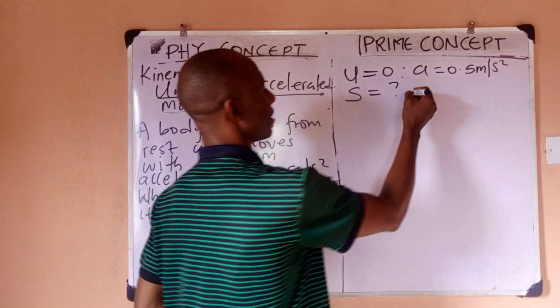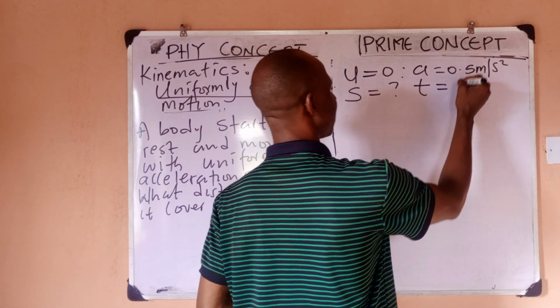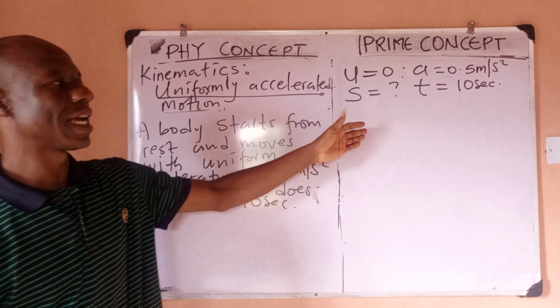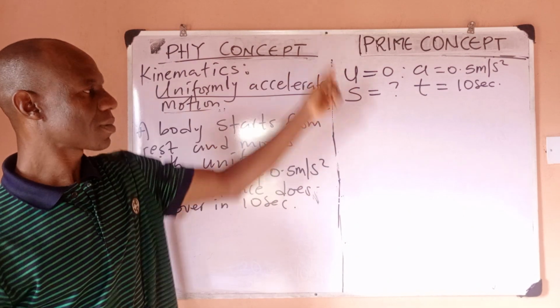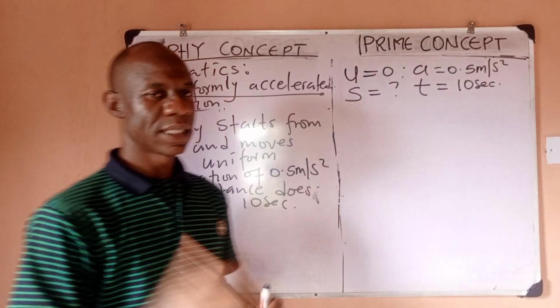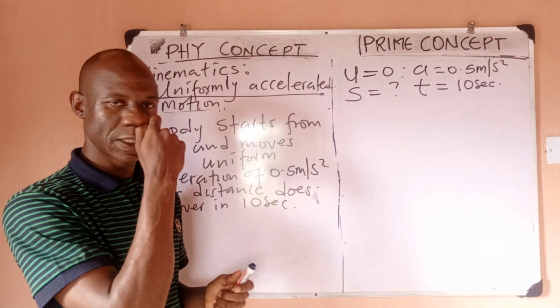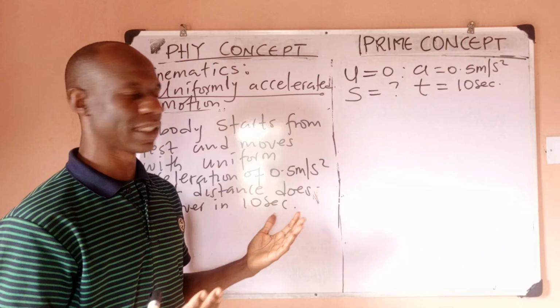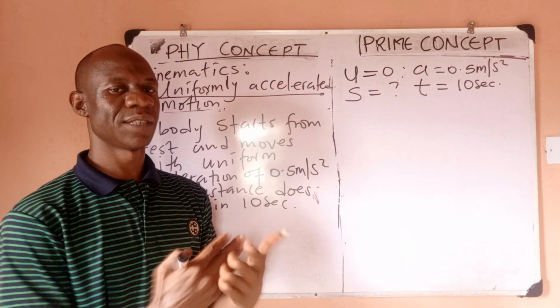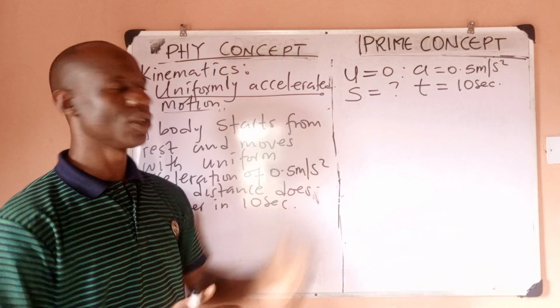I'm writing it. Then the time for that distance is what? 10 seconds. So you can see the parameters I have. I have u, I have s, I have a, I have t. Now I mentioned in the important point that when they tell you distance, you need to set v as 0. So we're not going to use them simultaneously, v and u. So we're going to go with 1.